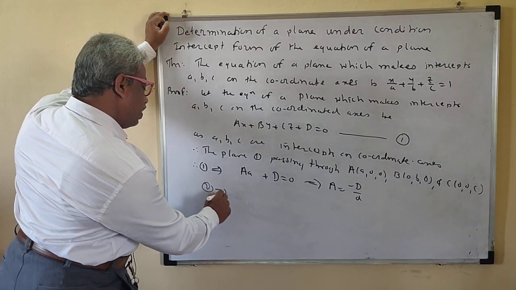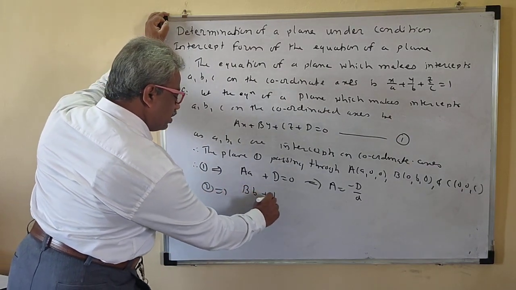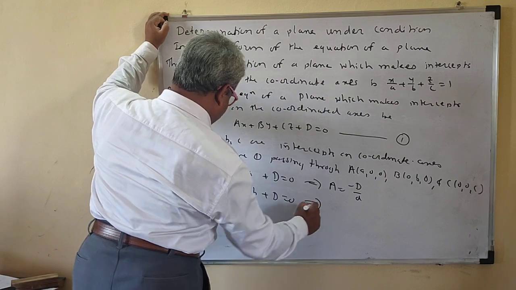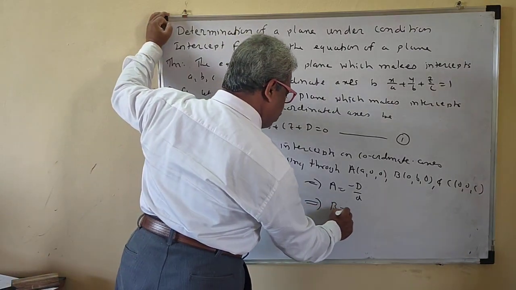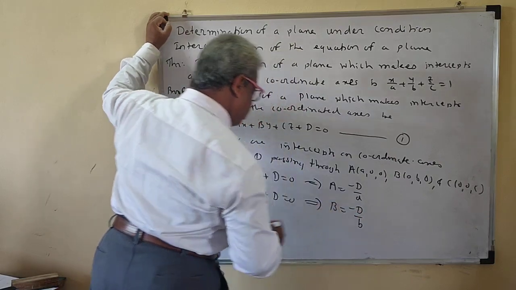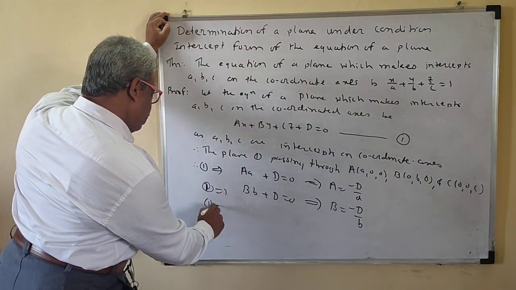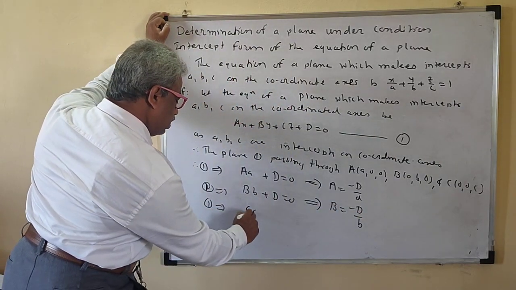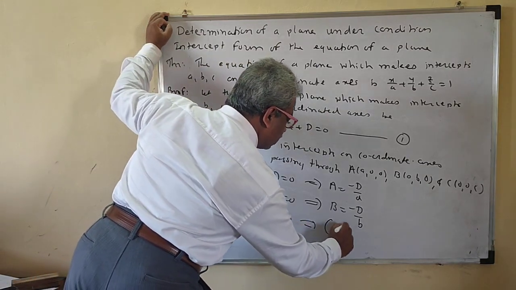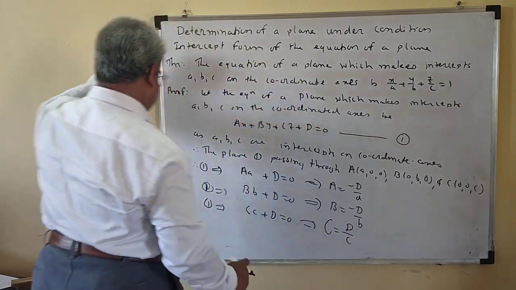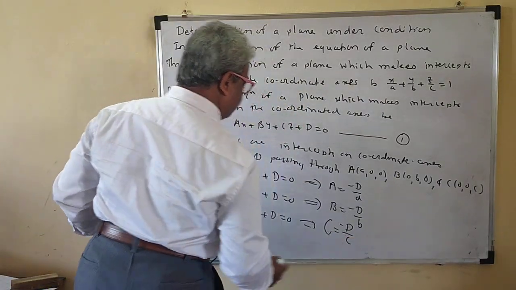Similarly, 1 implies that capital B b plus D is equal to 0, so capital B is equal to minus D upon b. And 1 implies that capital C c plus D is equal to 0, so capital C is equal to minus D upon c.